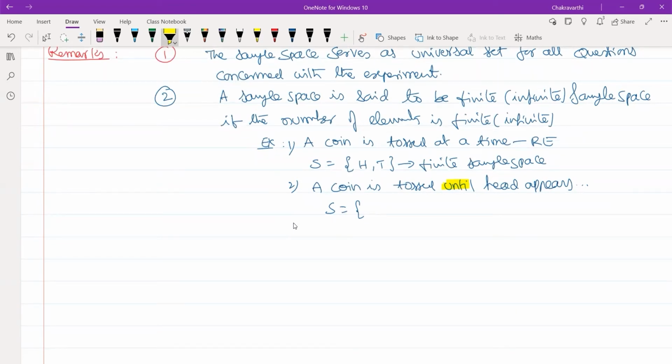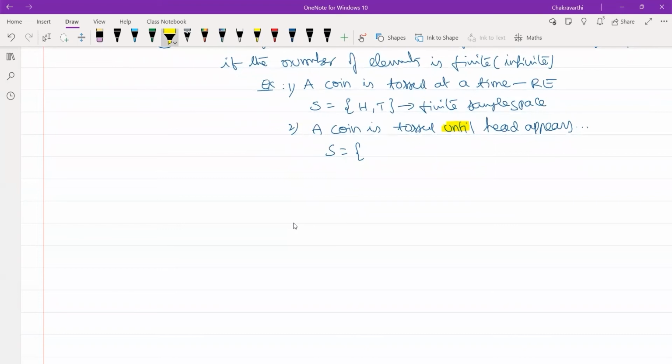It indicates this type of variable follows a geometric progression, a sequence. Here, the outcomes are what? The head may occur the first time, the second time, the third time, like this: H, TH, TT, H, and so on. Never ending. This is an infinite sample space.